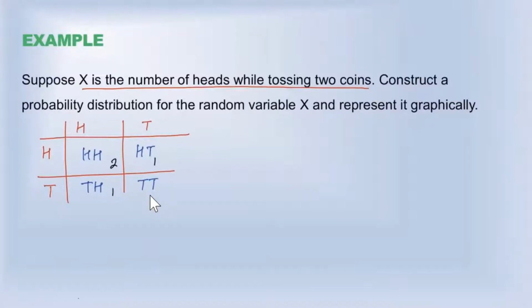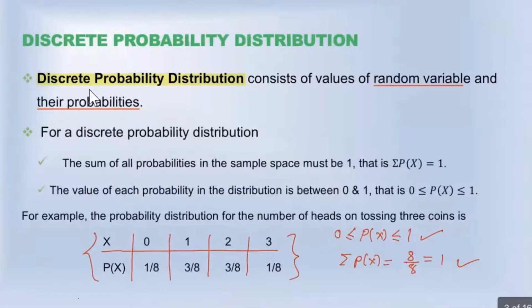None, or zero, right? So X is the number of heads while tossing the coins. We saw that the number of heads could be 0 or 1 or 2. That is your random variable X. So your X is 0, 1, or 2.